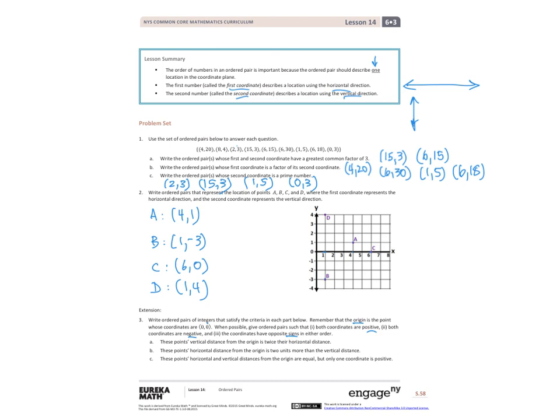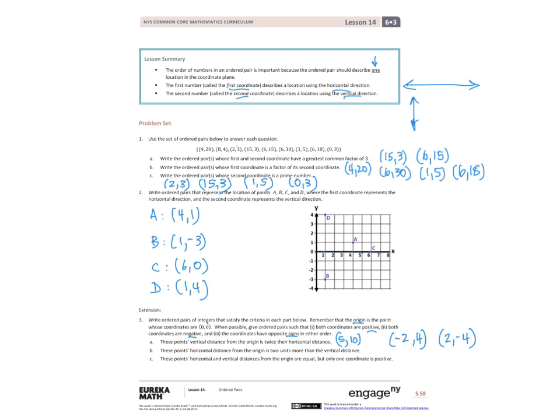So the vertical distance is twice their horizontal. That means if I go over 5, and I go up double that, it's going to be 10. If I went over, let's say, -2, then I went up 4. That would be double the 2. How about if I go over positive 2 and down negative 4?